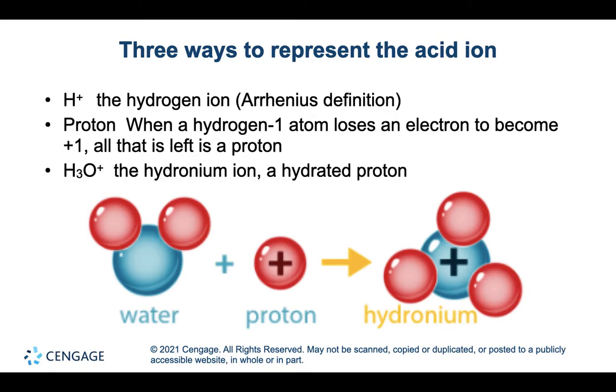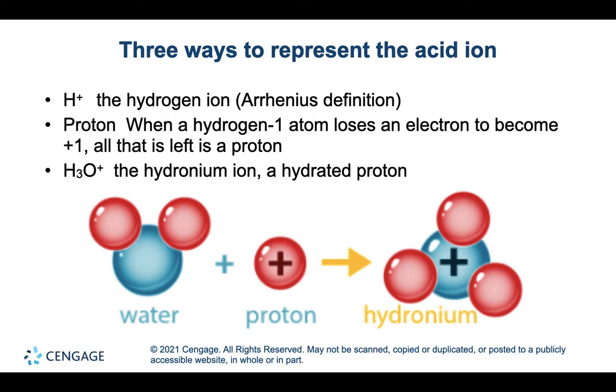Now the Bronsted-Lowry definition calls the H plus ion a proton. The most common isotope of hydrogen is hydrogen 1, which is constituted with only a proton and one electron. If you take that electron away to make the hydrogen atom plus 1 ion, all that's left is a proton. So it is in fact correct to call an H plus ion a proton.